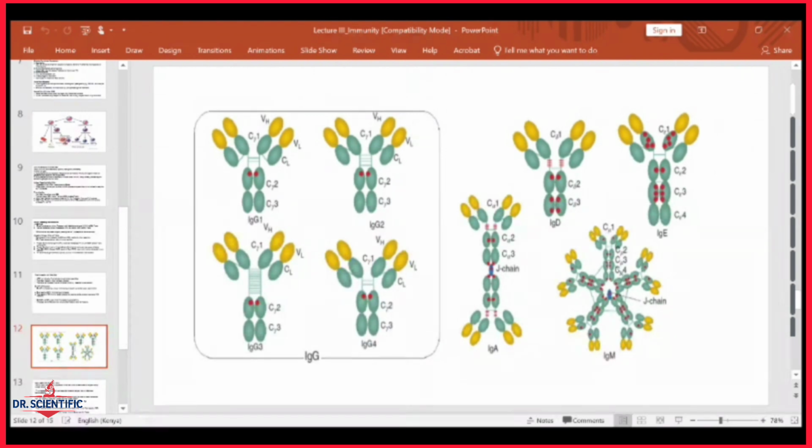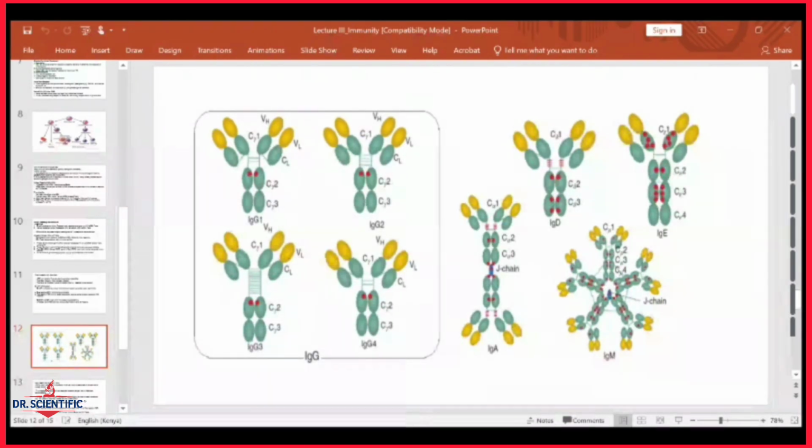So IgM is what is initially produced. You see, IgM is like 5 antibodies stuck together via the J chain, like that.